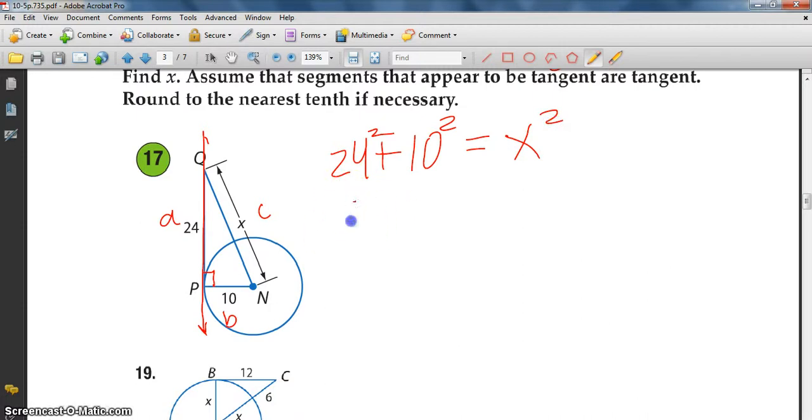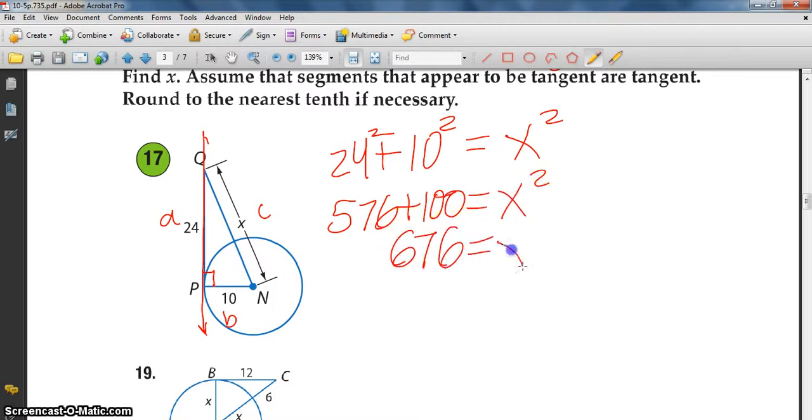So we have 576 plus 100, which gives me 676. So let's take the square root of both sides, and x is 26.